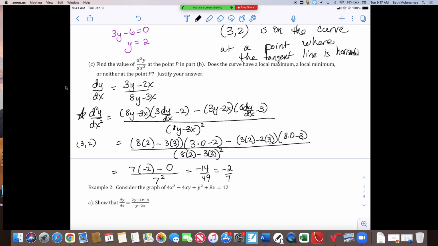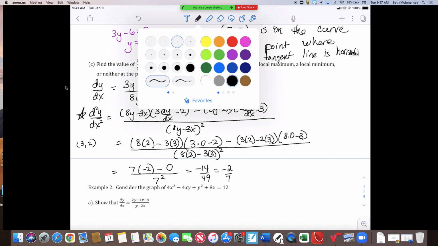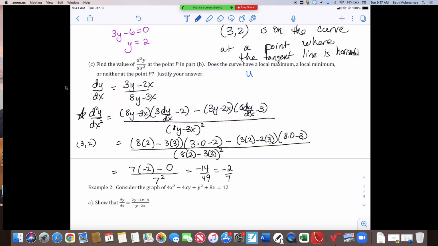Now they asked us to do the second derivative because they were setting us up to use the second derivative test. Okay, so I'm going to change color so you can see this. Using the second derivative test, when the second derivative is negative, that means it's concave down.